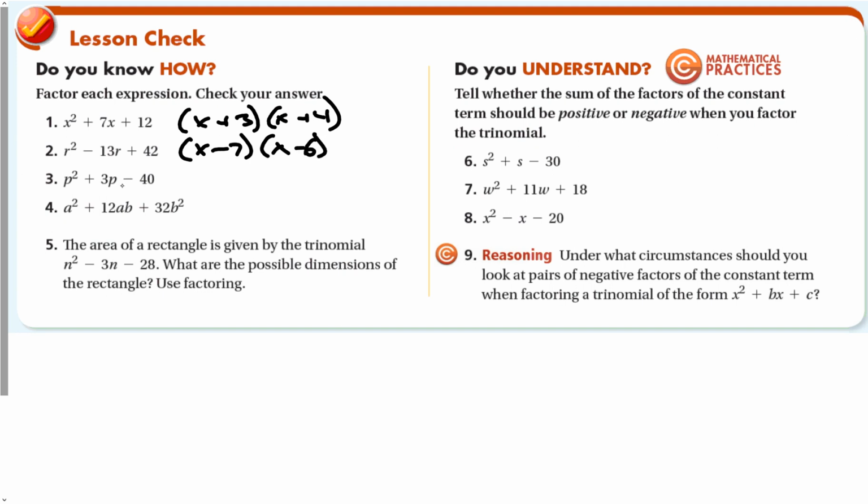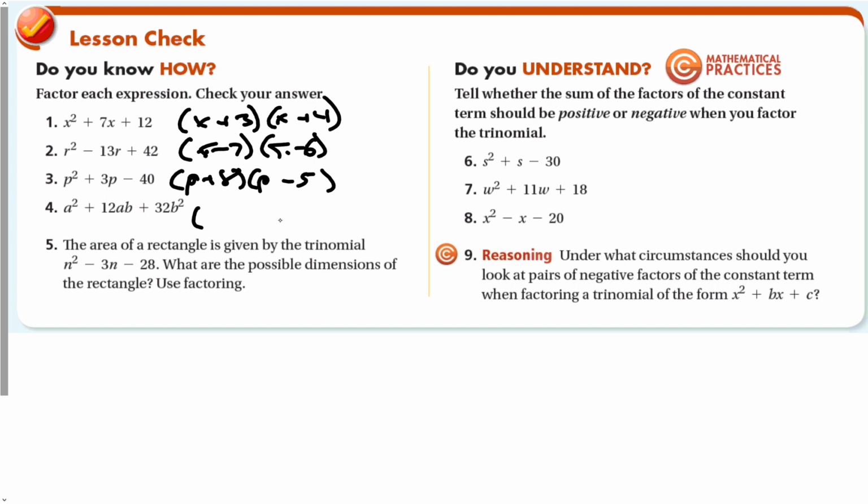The way I like to read this one is factors of 40 that subtract and give you 3. So obviously these two numbers are going to be different signs. And I want a positive 3, so that means the bigger number is going to be positive. Oh, whoops, I made a mistake in the previous one here. Not x, r. Just like this one, it is going to be p plus 8, p minus 5.